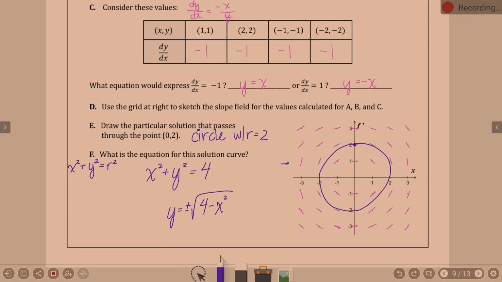So those values decreased. Now, is that true everywhere? No.